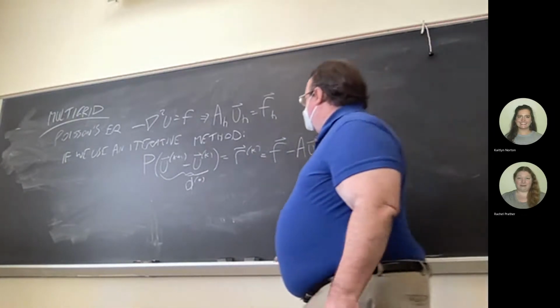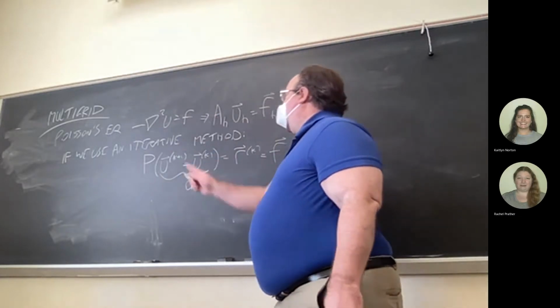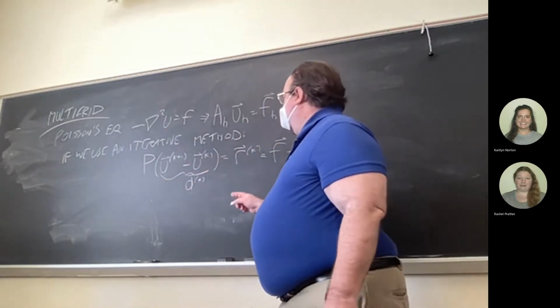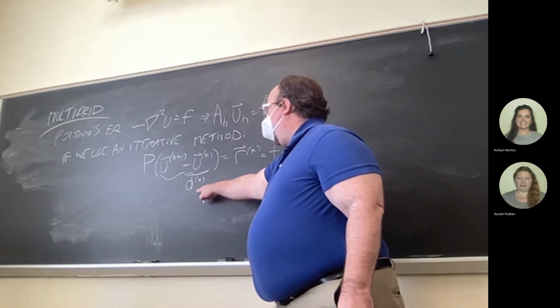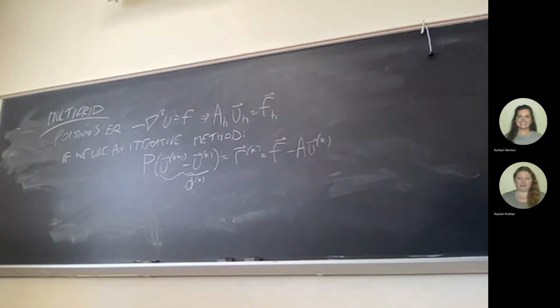So really what we're doing is you have your previous solution, you solve this system, and then you add this d_k onto u_k, and it gives you u_{k+1}. The choice of preconditioner P depends on what stationary iterative method you want to use. You might use P being the diagonal of A for Jacobi, or the lower triangle of A for Gauss-Seidel, etc.